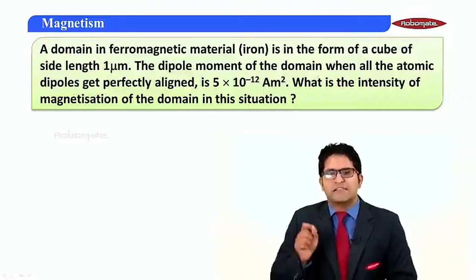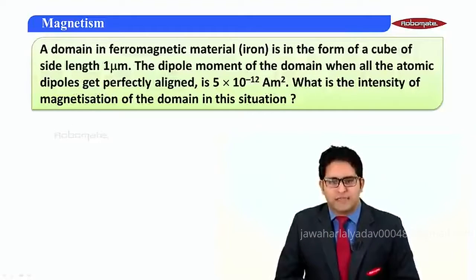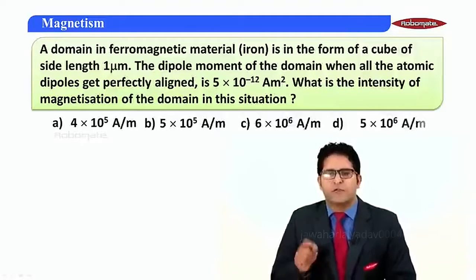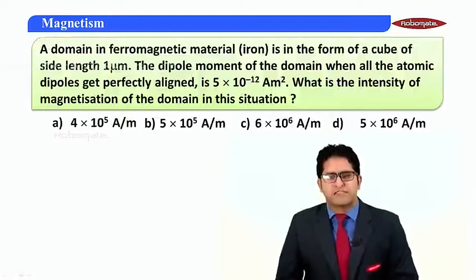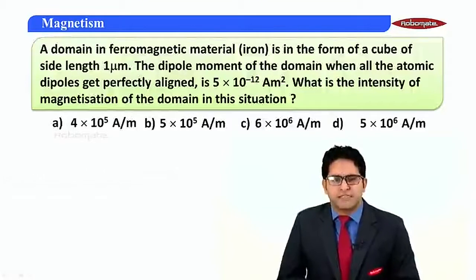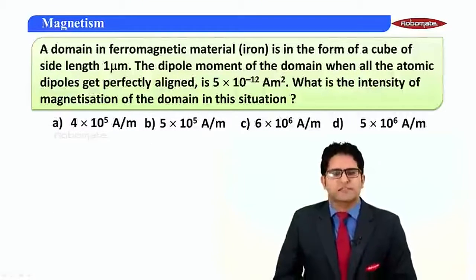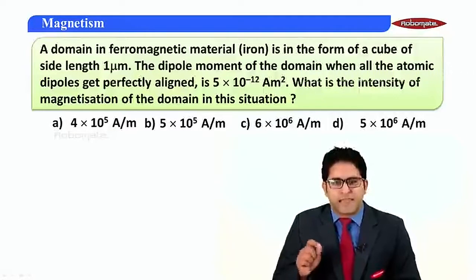What is the intensity of magnetization of the domain in this situation? And the options are option A 4 into 10 raised to power 5 ampere per meter, option B says 5 into 10 raised to power 5 ampere per meter, option C 6 into 10 raised to power 6 ampere per meter, and last option 5 into 10 raised to power 6 ampere per meter.